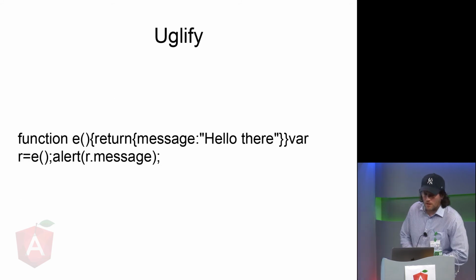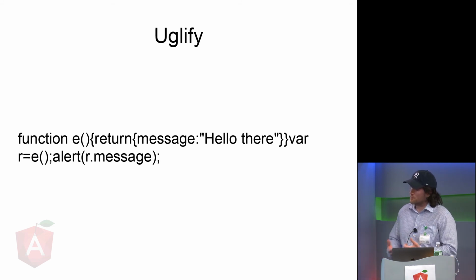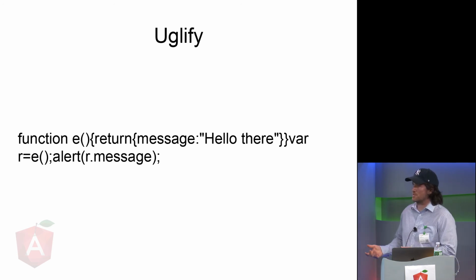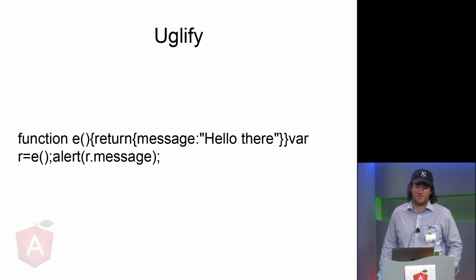If you run this through conventional Uglify, you get some improvement, right? But the improvement is mainly from reducing the length of names. Like the function is now E, the variable is R. Most of the improvement is from just shortening the names, right?